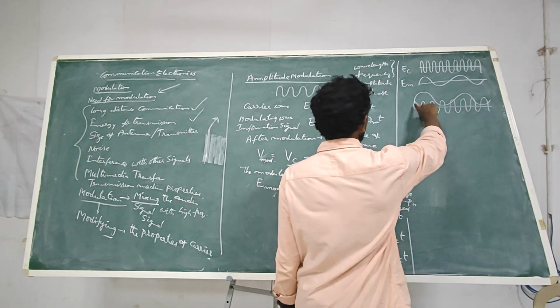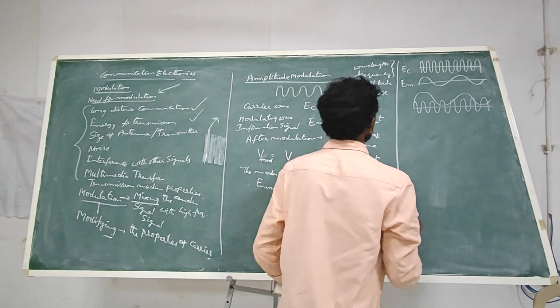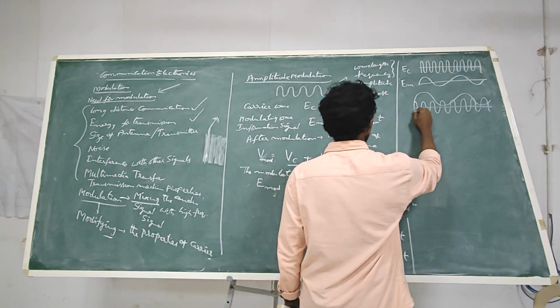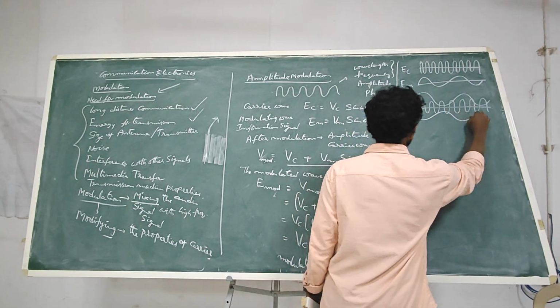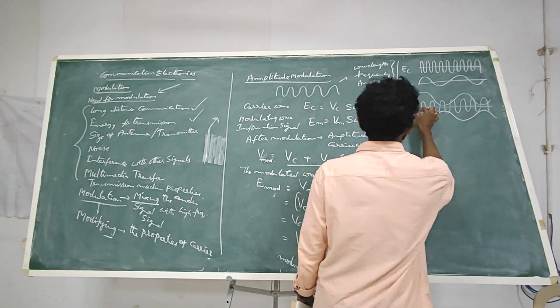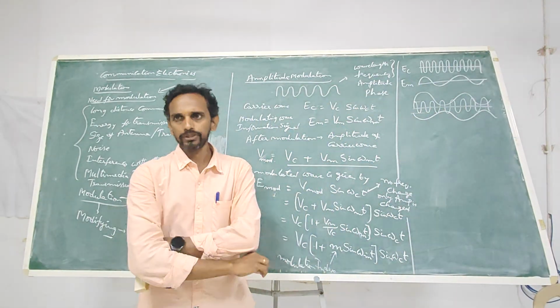Here also, this is the positive half cycle. For the negative half cycle also the same wave acts over and above the original amplitude.